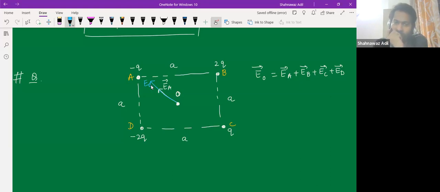So in this way, you can see that we can simply add EA and EC, right? Now, what about this B charge? Due to B charge, would the electric field be towards B or away from B?